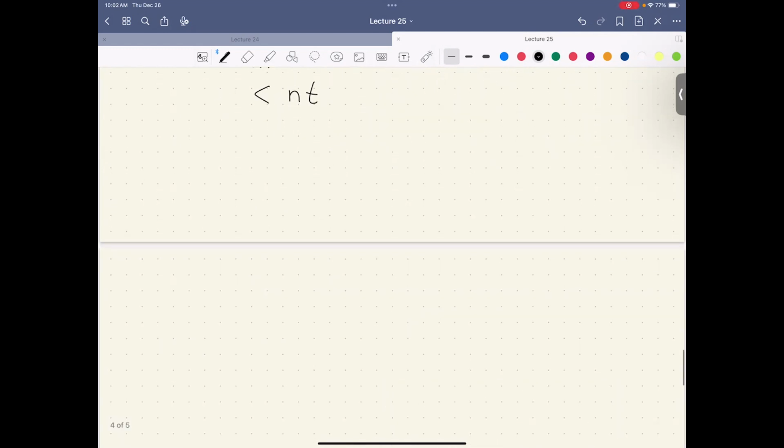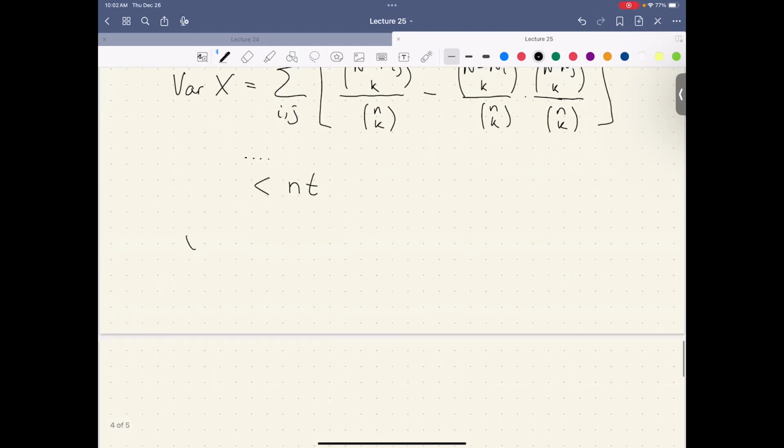So let's recall y is the random variable counting the number of edges in M. We can again write y as a sum of random variables ij, but we only sum over pairs ij that form an edge.